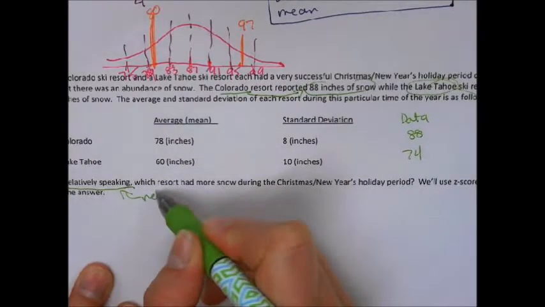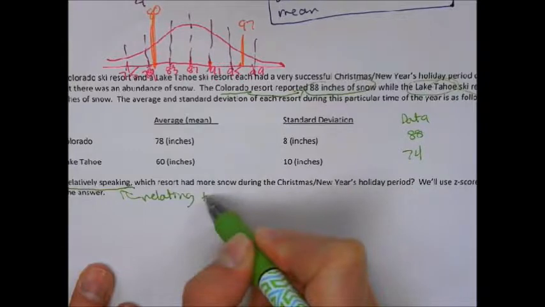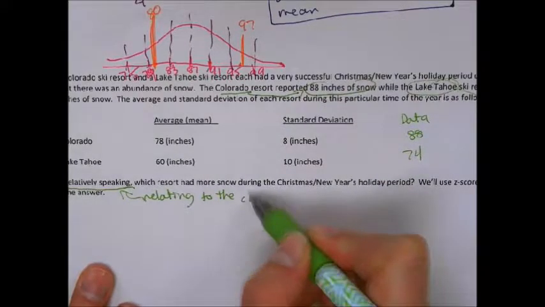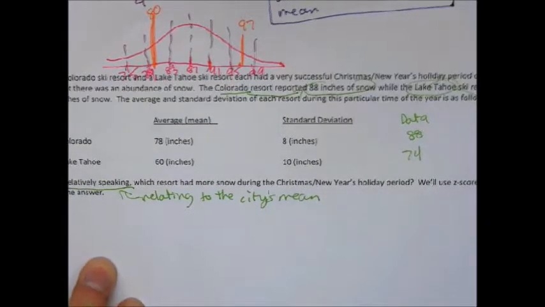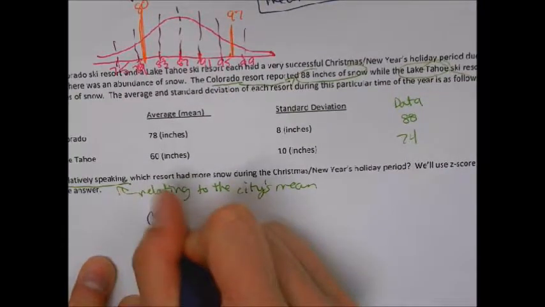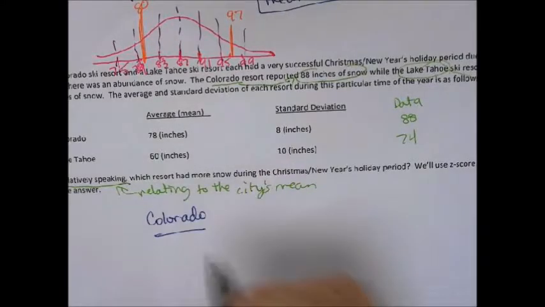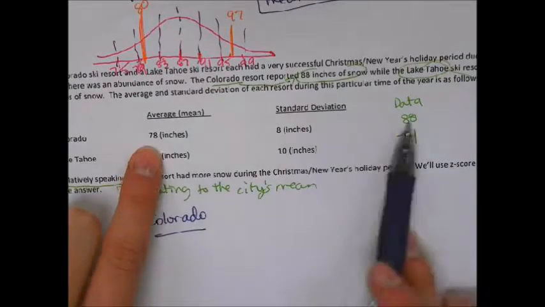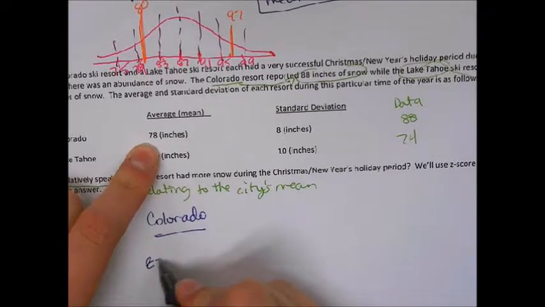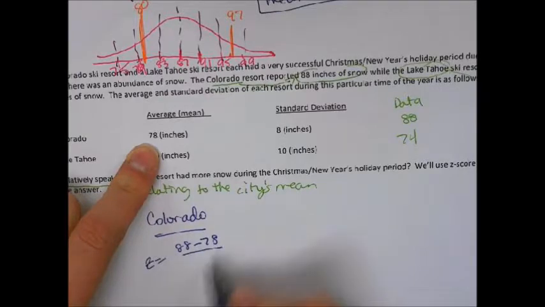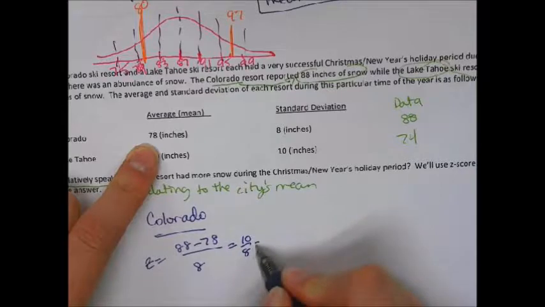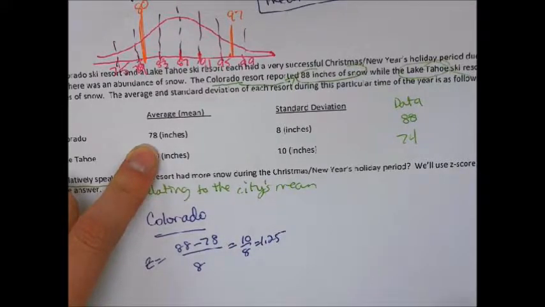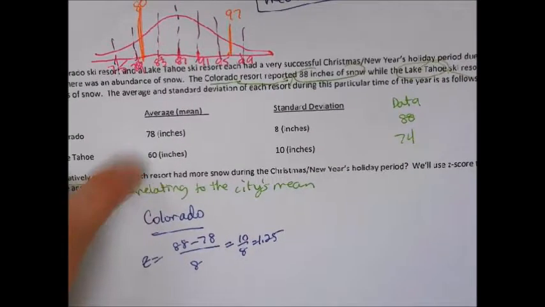This means that we're relating it to the mean. So for Colorado, our data is 88, the mean is 78, and the standard deviation is 8. So I got a z-score of 1.25.